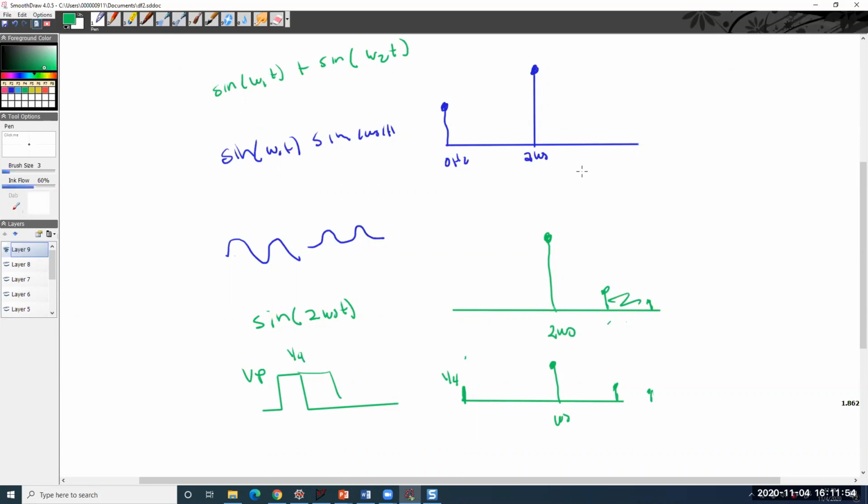Now, sure, if you look at the final, I might say here's a Fourier spectrum of a waveform, and I'm like, what kind of filter? Let's call that omega naught.